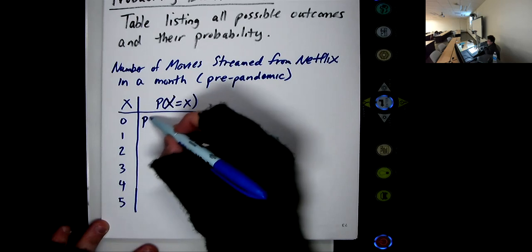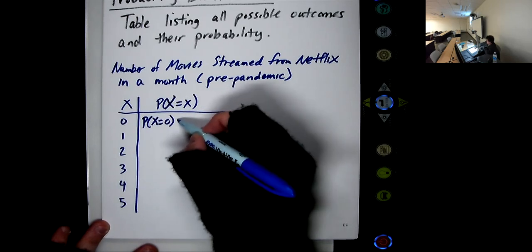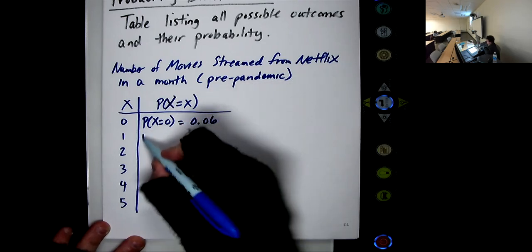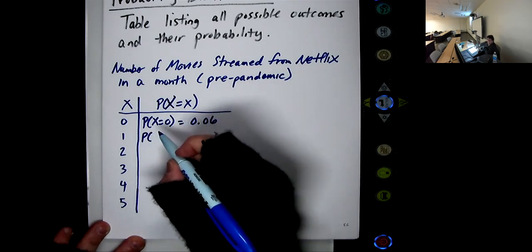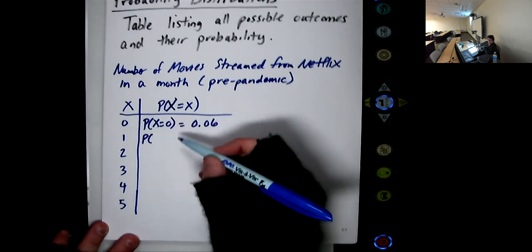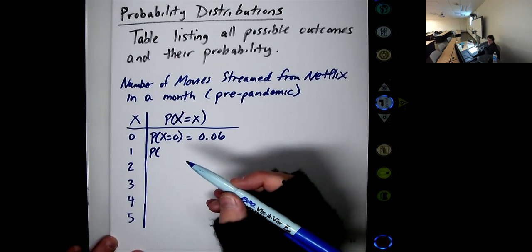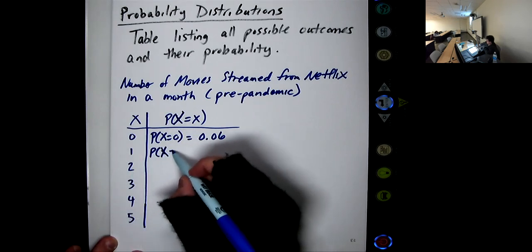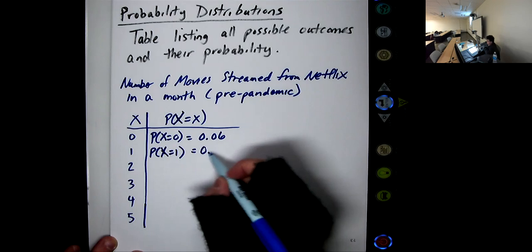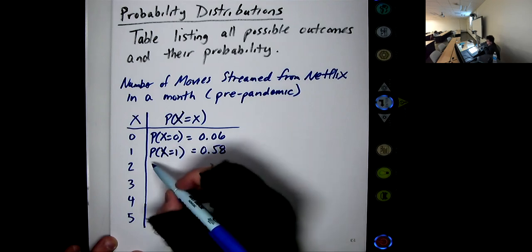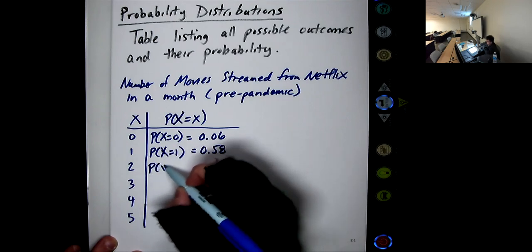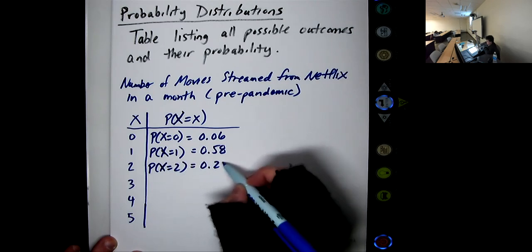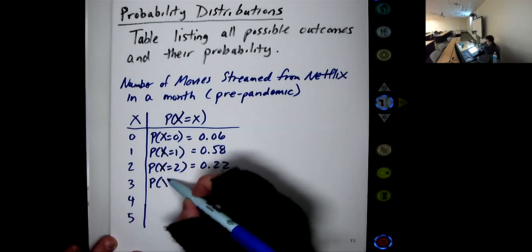The probability that X equals 0 was 0.06. Someone's got their microphone on. Probability that X equals 1 is 0.58. And I'll just fill out the table and give you guys a chance to copy it.